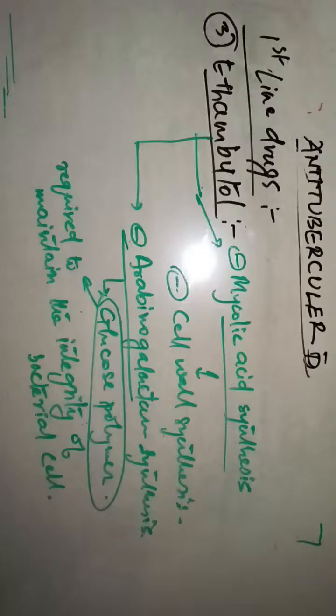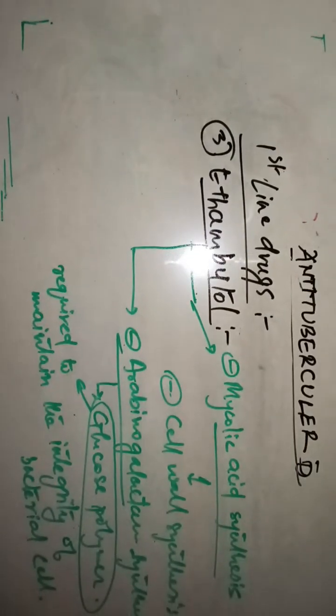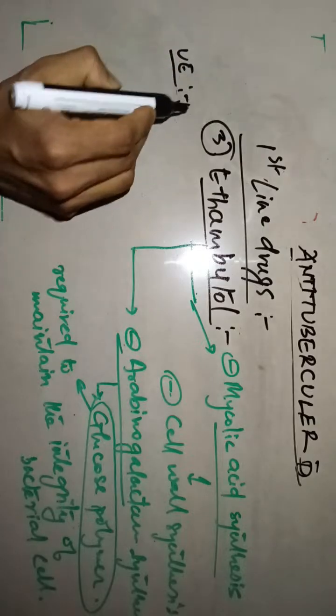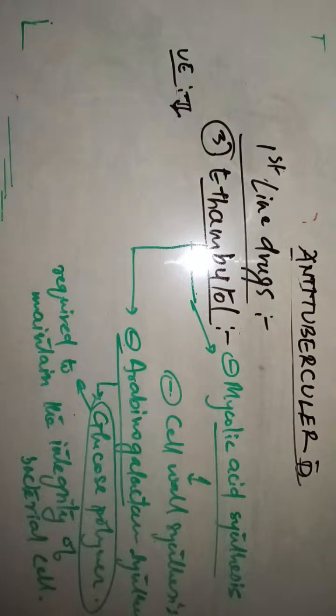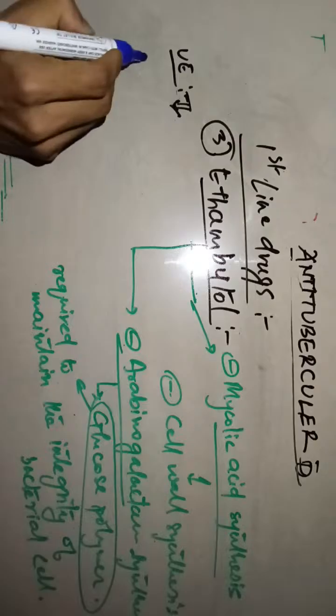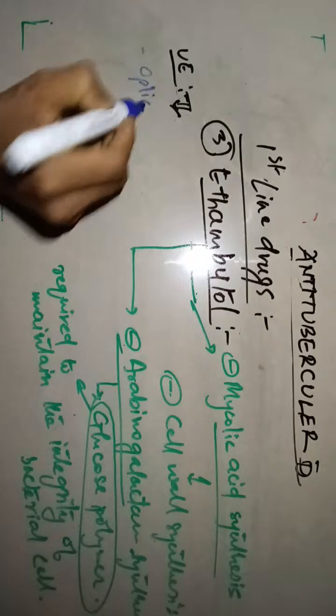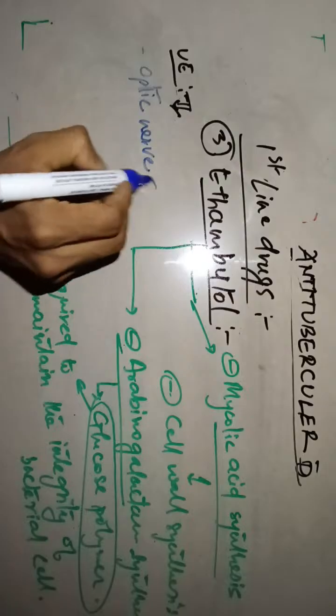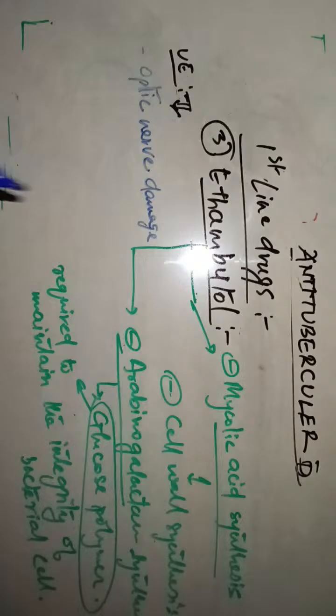Okay, next, what is the unwanted effect? The most important unwanted effect of ethambutol is optic nerve damage. Number one is optic nerve damage.